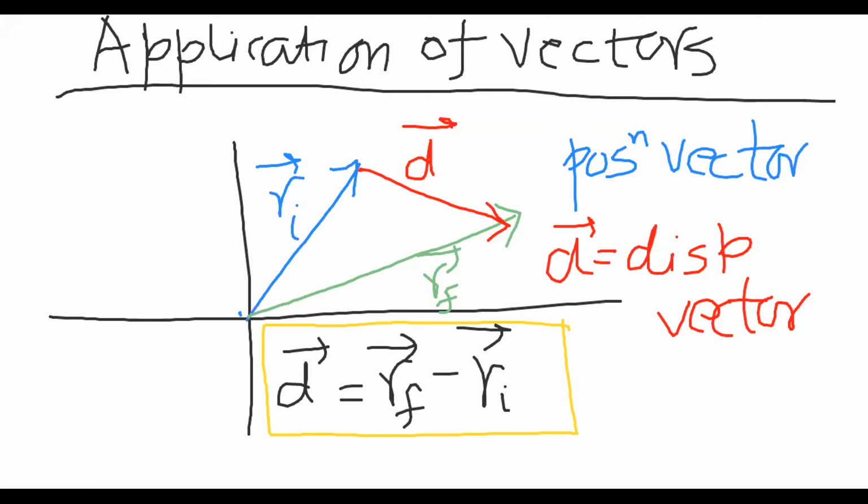And once you have drawn the two vectors from the same point, you just draw a vector from the head of the negative vector, in this case that is Ri, to the head of the positive vector, which in this case is Rf. Okay, so the displacement vector is final position vector minus initial position vector.